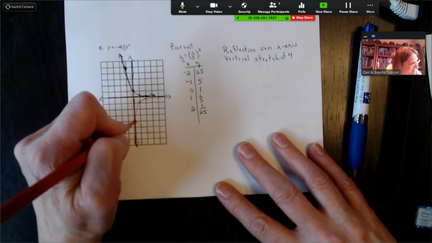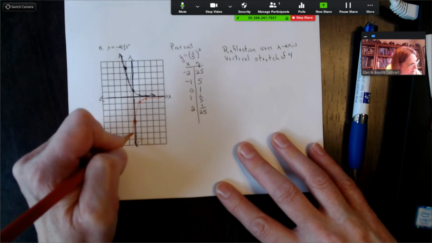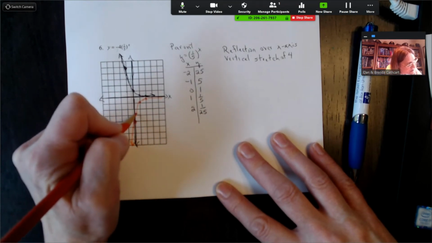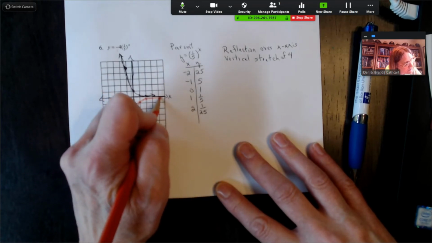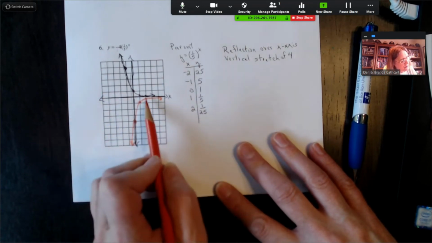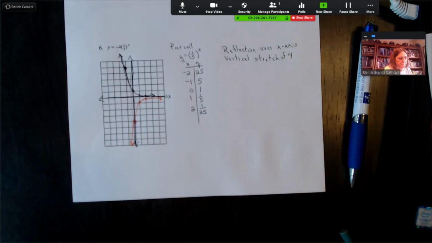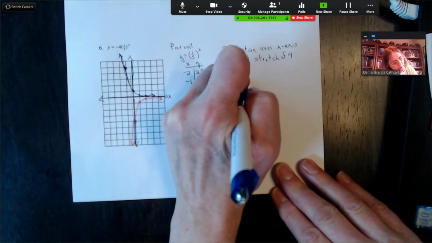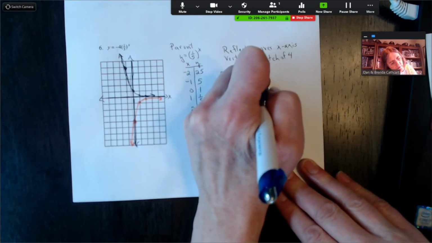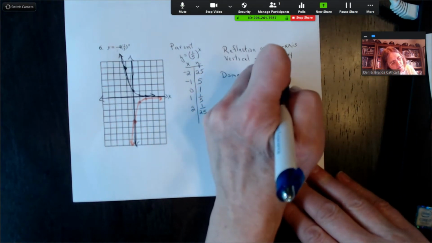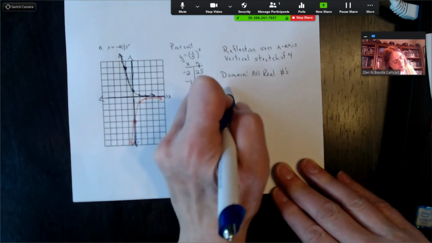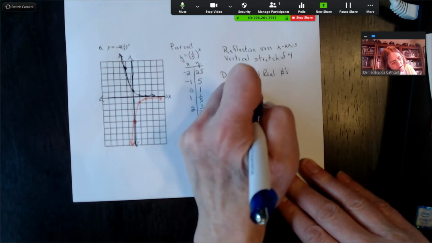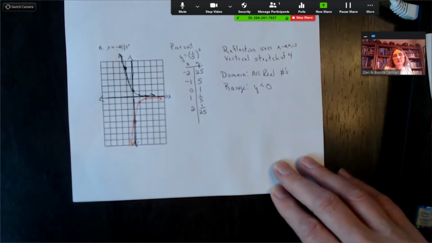I need to be heading very steeply down so that I could possibly reach -20 off on this end. So this is a very steep graph on one side, very flat on the other. The domain, once again, all real numbers. The range this time, because we flipped it over the x-axis, is y is less than 0.